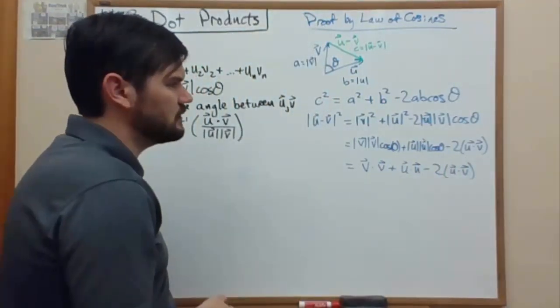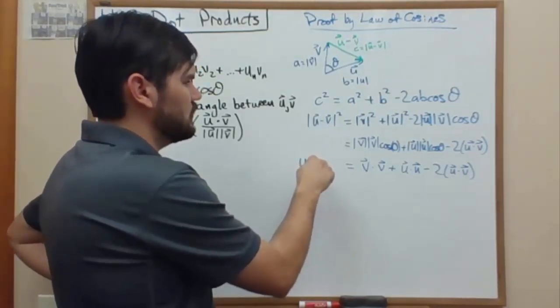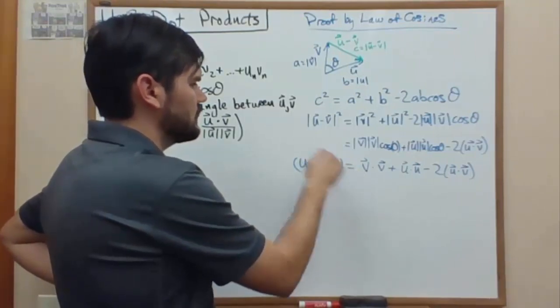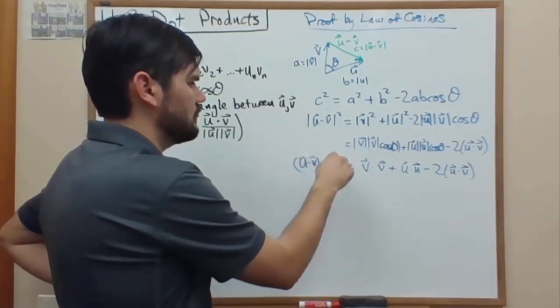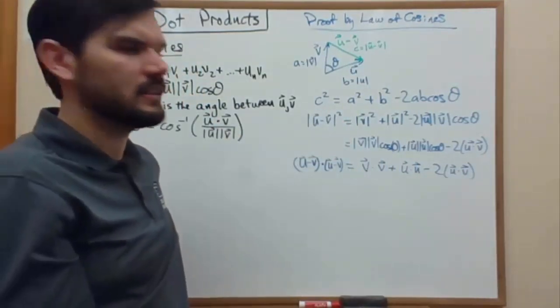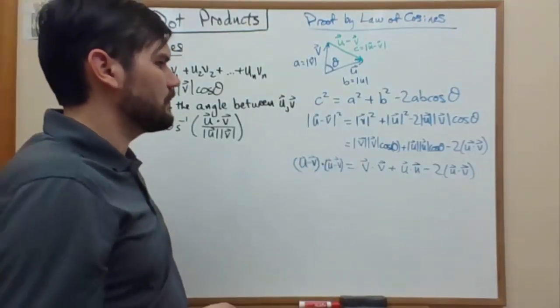On the other side, we have the difference, u minus v dotted with u minus v. Okay, so that's another way to interpret these squared magnitudes or products of magnitudes.